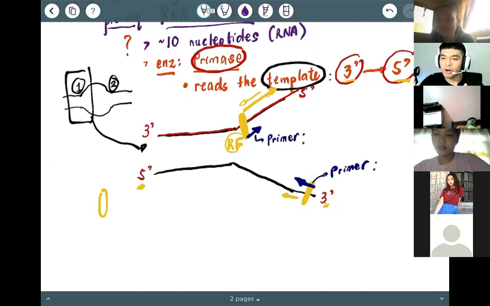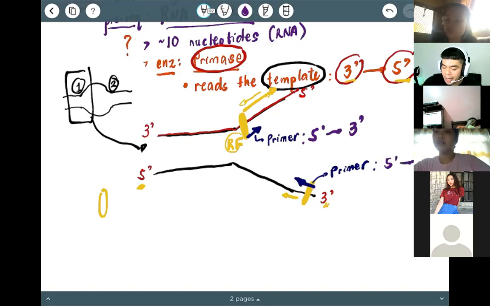Ano ang rule natin? Kapag gumawa ka ng strand, it must be complementary and anti-parallel. Kaya ang primer, we expect na ang product ay 5' to 3'. So the primer must be from 5' to 3', kasi the template being copied is the other way around. So yan ang RNA primer.